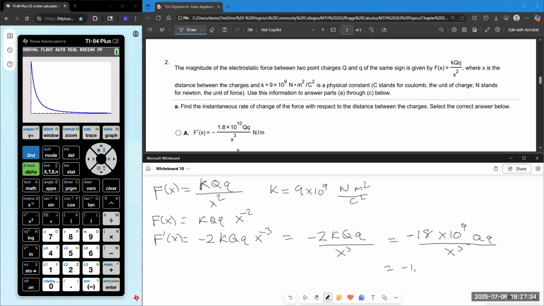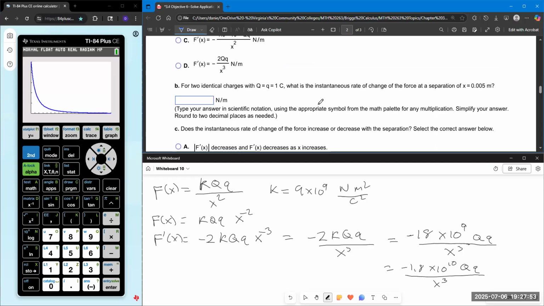So this is negative 1.8 times 10 to the 10th capital Q lowercase q over x cubed, and that is A. They already have the correct units for me there. I don't need to figure out the units.